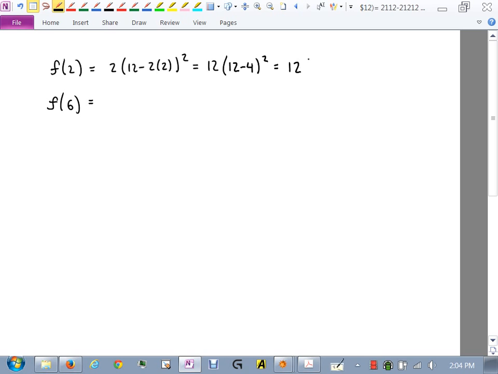So what I need now is f of 2 and f of 6, right? Plug those two numbers in the original function. Now I think I'll go back to the original form of the function. Wasn't it x times 12 minus 2x squared? So I'm going to go 2 times 12 minus 2 times 2 squared, which is 12 minus 4 squared, which is, what's that, 8 squared?